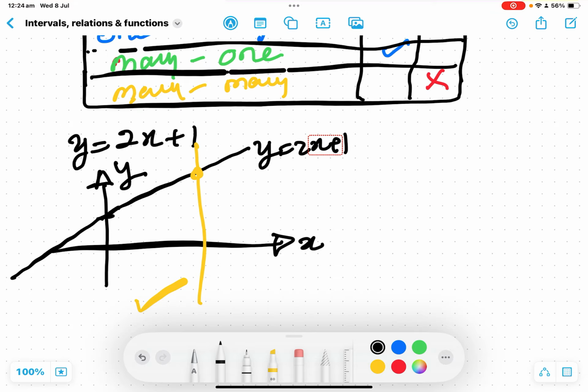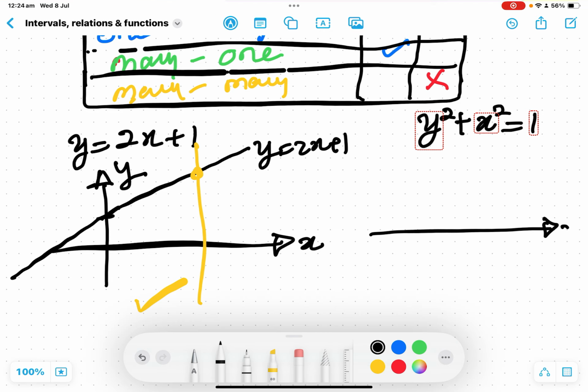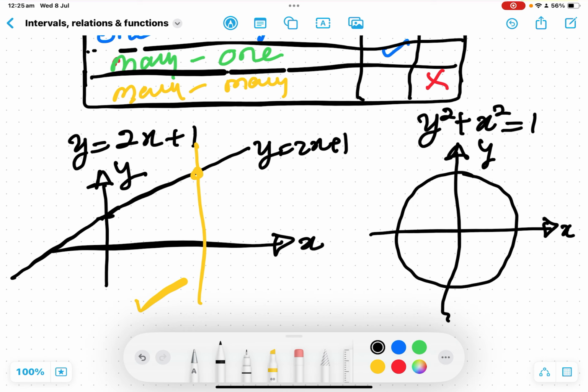Let's say you have y squared plus x squared equals 1. So if you draw the graph, so this is x, this is y, and the graph would be like this. So this is 1, minus 1, minus 1, 1, this is 0.